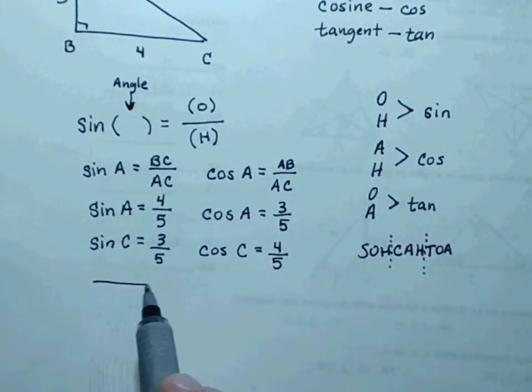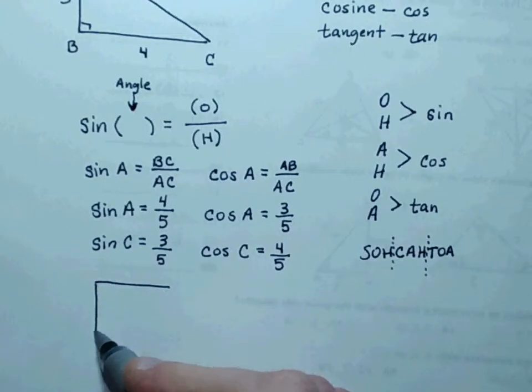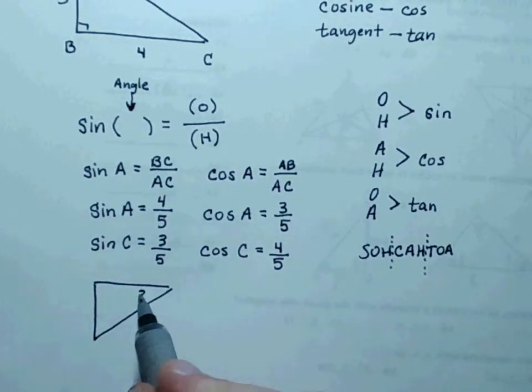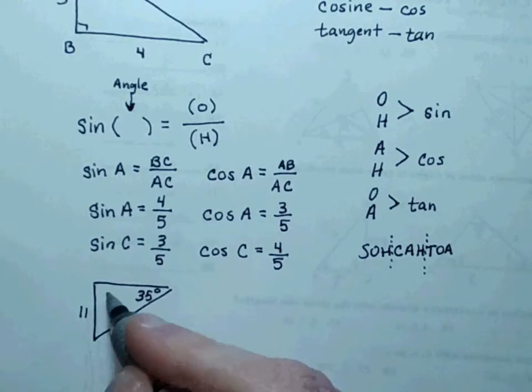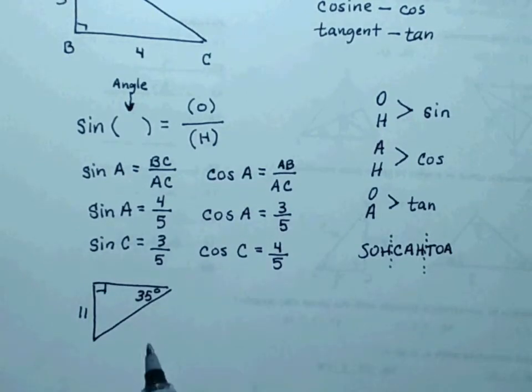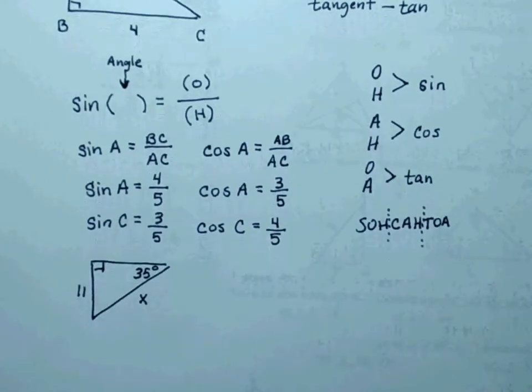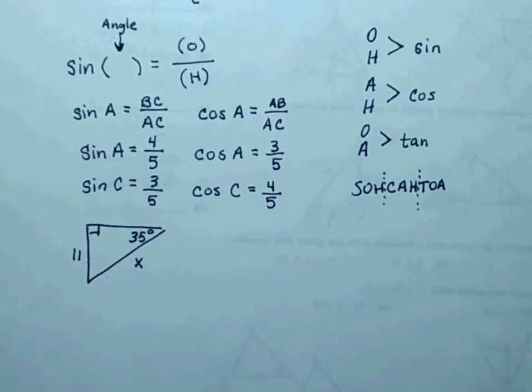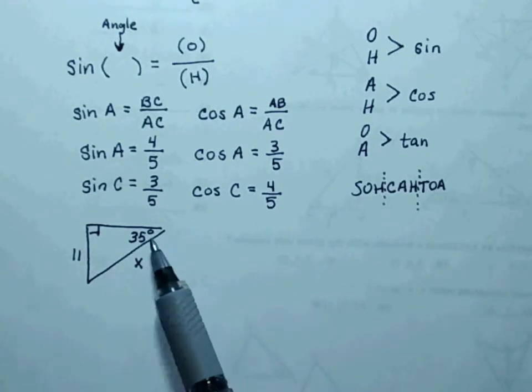Okay, so let's draw a triangle. Say that angle is 35 degrees. This side is 11, and we want to find x. In a case like this, we look and see what angle they give us, and in this case, they give us angle 35.